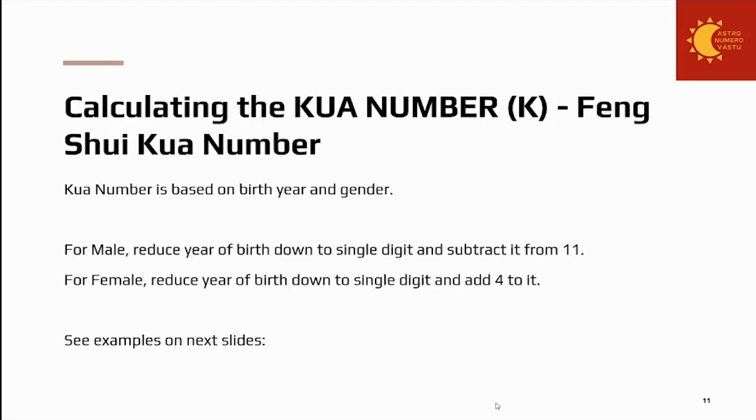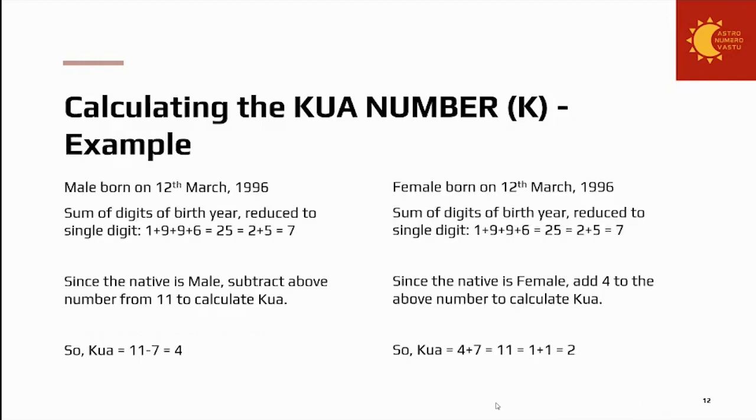When you reduce the year of birth to a single digit, you subtract that result from 11 to generate the KUA number for male. And for female, you have to add 4 to it. It will be more clear in the subsequent slides where I will be taking a couple of examples.